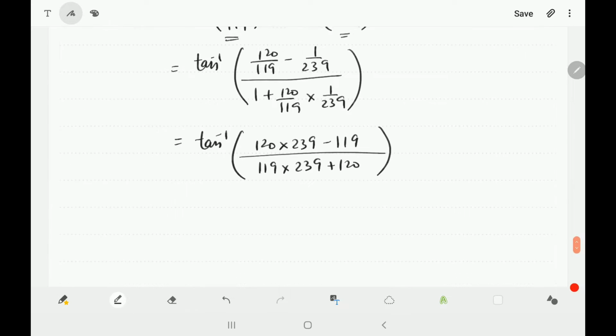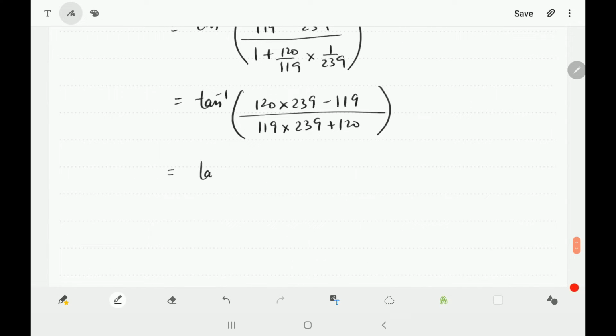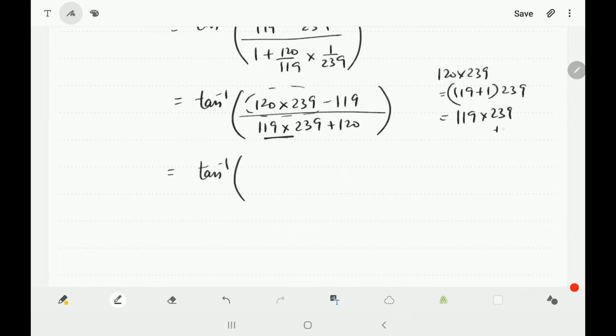Okay, so now can I write this term as tan inverse of 120 into 239? Can I write this term as 120 into 239 as 119 plus 1 into 239? Because in the denominator 119 into 239 is present. So this will become 119 into 239 plus 239.